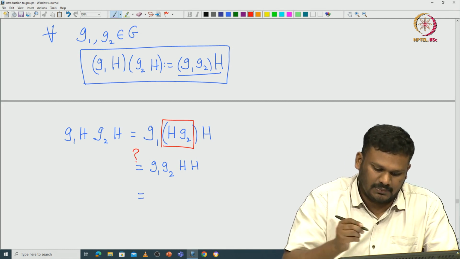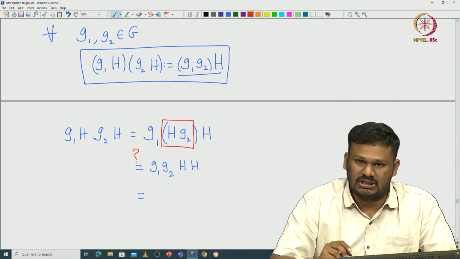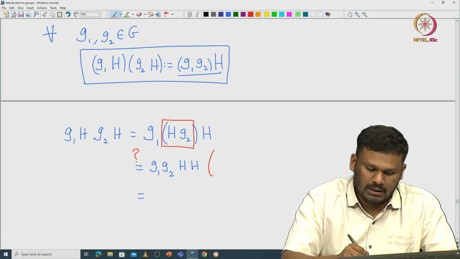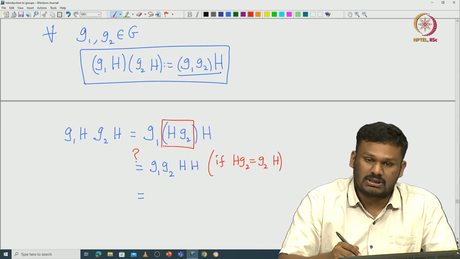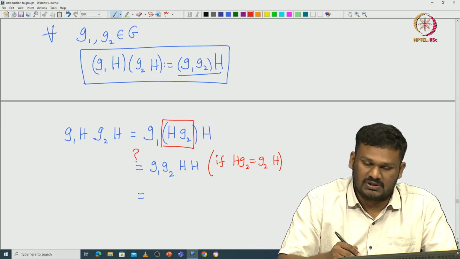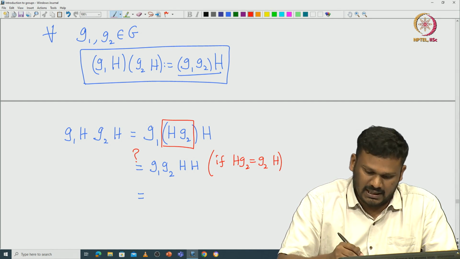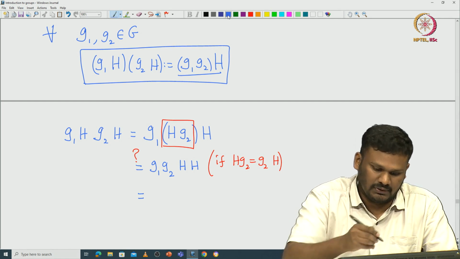This is the step that we are supposed to justify, and that step is true if Hg2 equals g2H. Then we know that H times H, as a subset of G, will be H. That is something I asked you to verify.